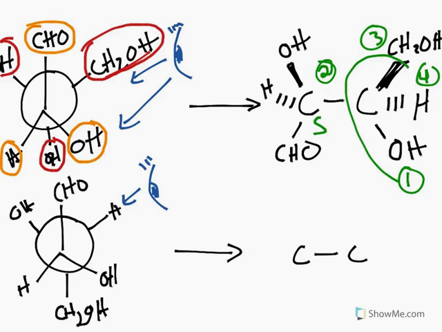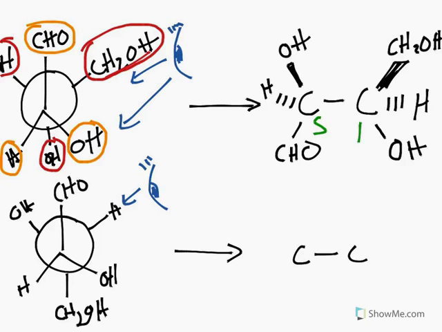So 1, 2, 3, 4. As you can tell, this moiety here, or this side of the molecule is going clockwise. So because of that, that is going to be R. So I am going to label that as R, like so. Alright, so that is R. So we have S and R here.